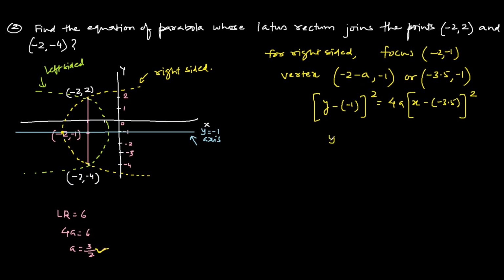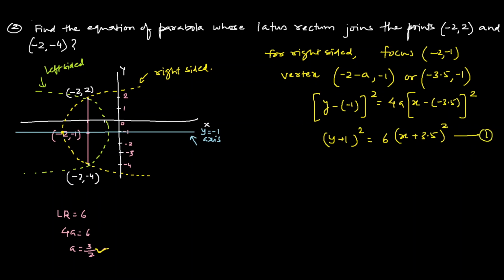So it is (y plus 1) square, and the value of a is 3 by 2, so 4a is 6, (x plus 3.5). This is the desired equation of the right-sided parabola.